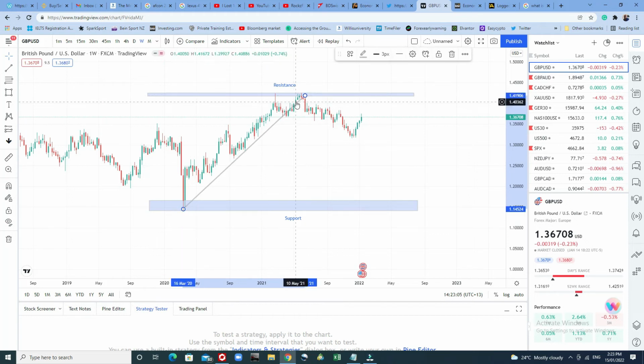The two straight lines now linking to the resistance and the other part is to the support. Now this market, you can see that the market gained traction from here and it got to the resistance area and it rebounced back and it's trying to go up. Now we now step down to the lower time frame.